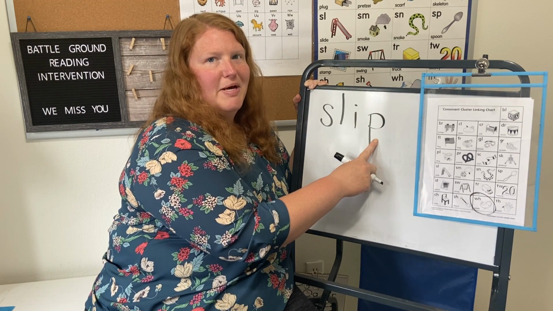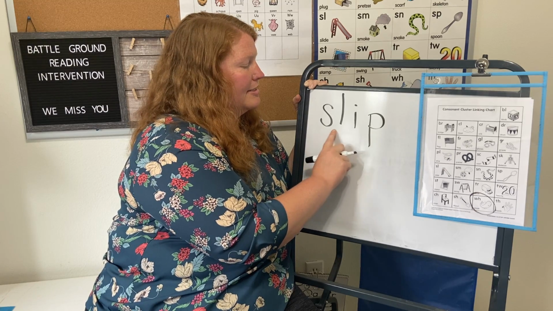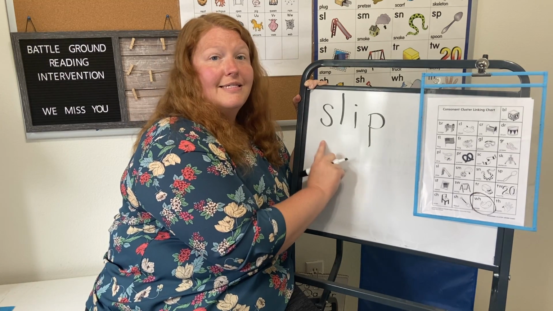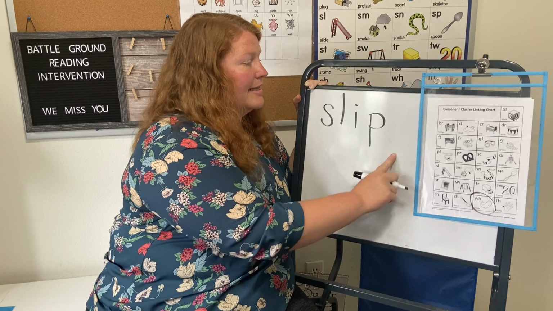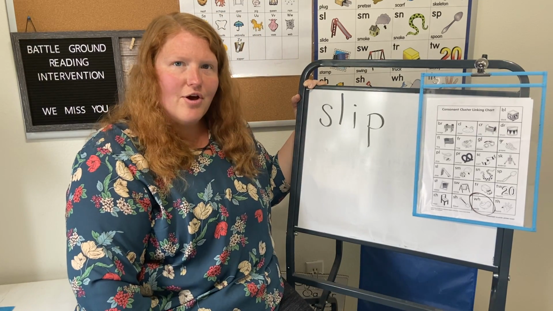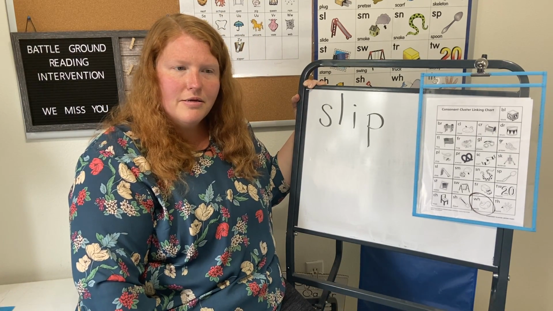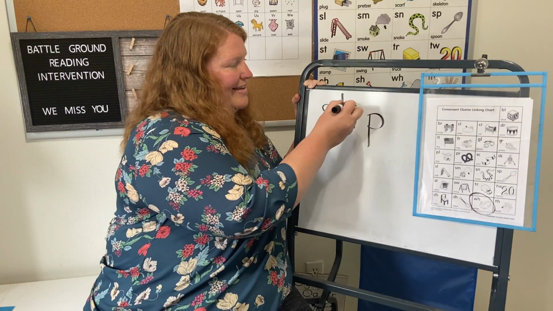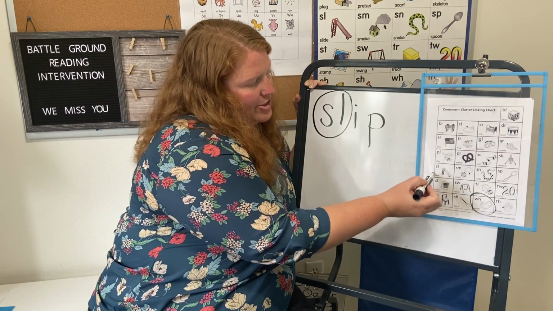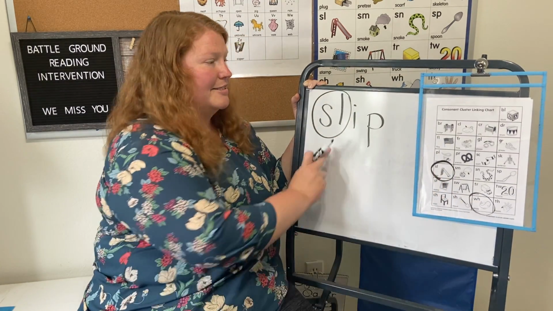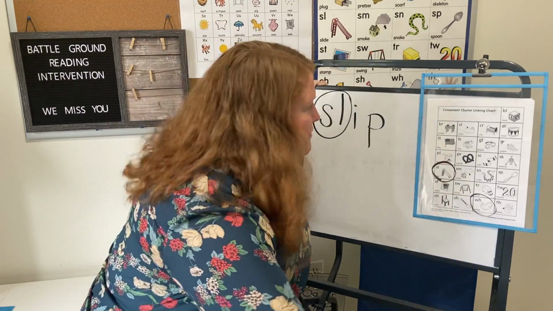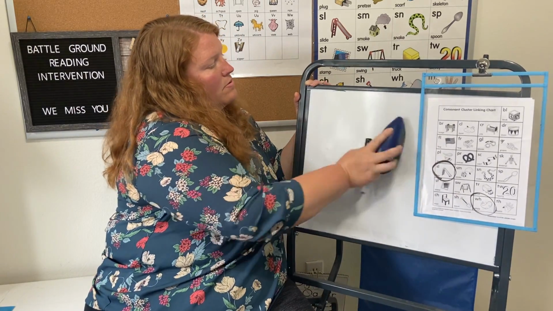Sound. P. Put it all together. Slip. Can you identify the consonant cluster in this word? SL. Just like slide. Like slip and slide. That's kind of fun. All right.